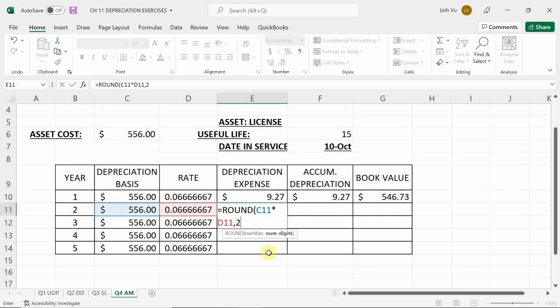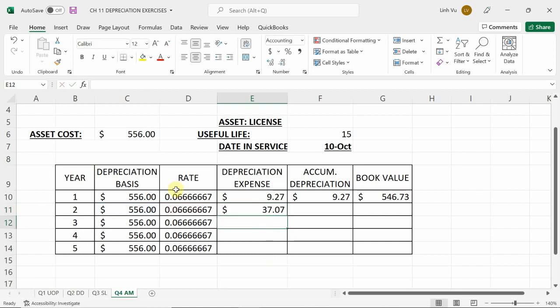You already solved for it the first time. I forgot what it was. No worries. 37.07, which, if the next couple of years have the same basis and the same rate, you're going to get the same expense throughout.